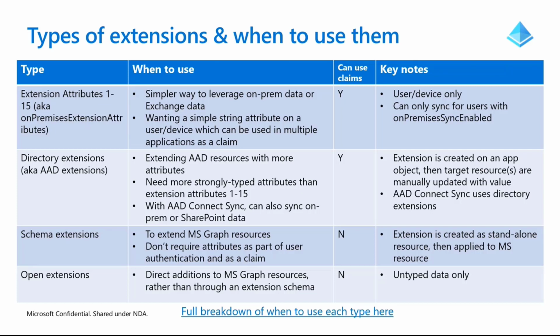It's just a simple string that you can add to an application. It's untyped, and you can only have a few per resource. So it's meant for a one-off extension that you want to add to a user and then keep going forward.